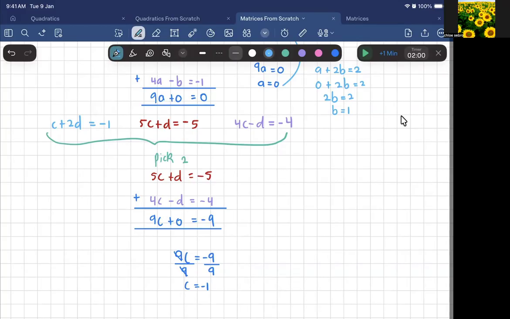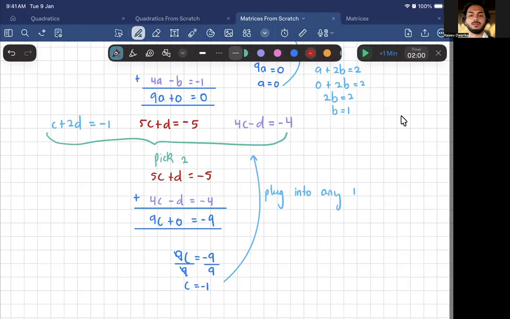Did you know that? Nice. So which one do you want to put it into? So we should put it into the 5C plus D. No problem. So 5C plus D is equal to negative 5. What is C? So -1. I don't know what D is, and that'll be equal to negative 5. What's 5 times minus 1?